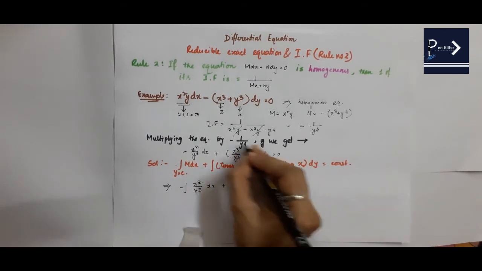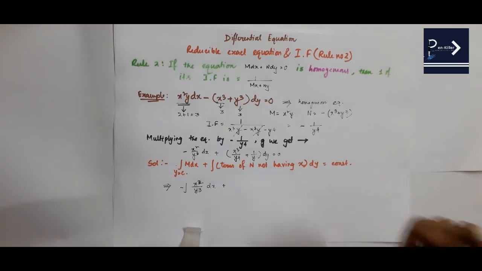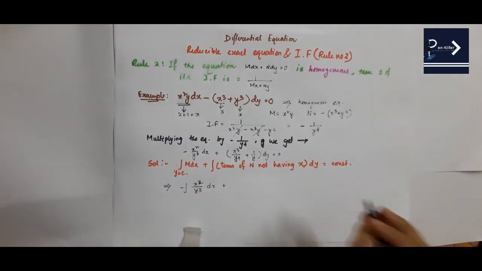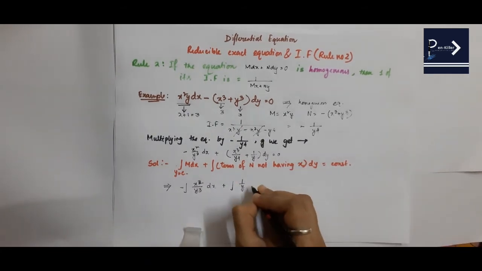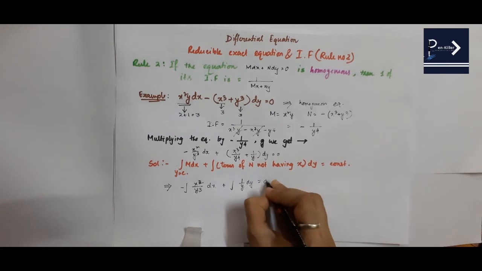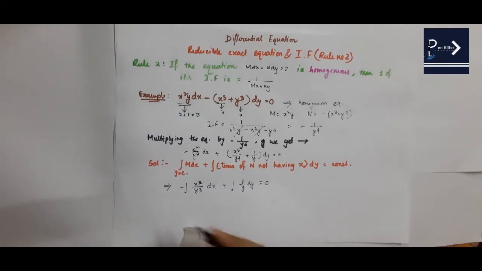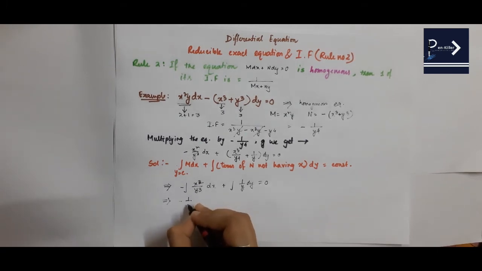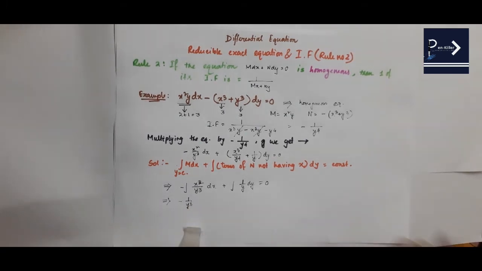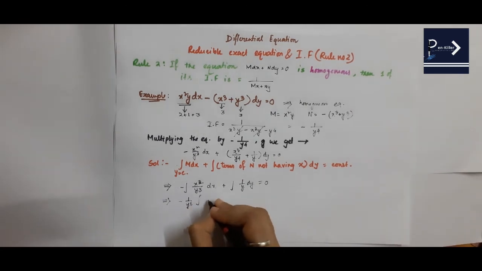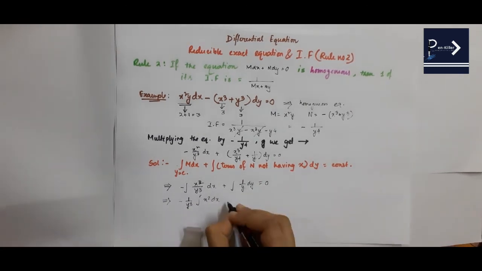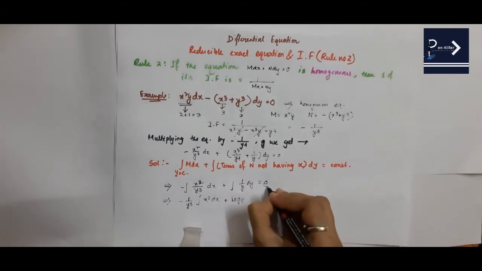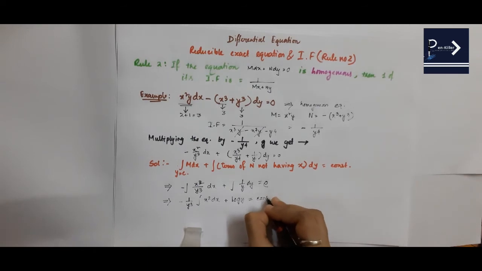The terms of N which do not have x are considered, so that portion gets eliminated and only 1 by y is considered. So y is constant here, so minus 1 by y cube is taken out, x square dx, plus this one will be log y, equal to a constant.